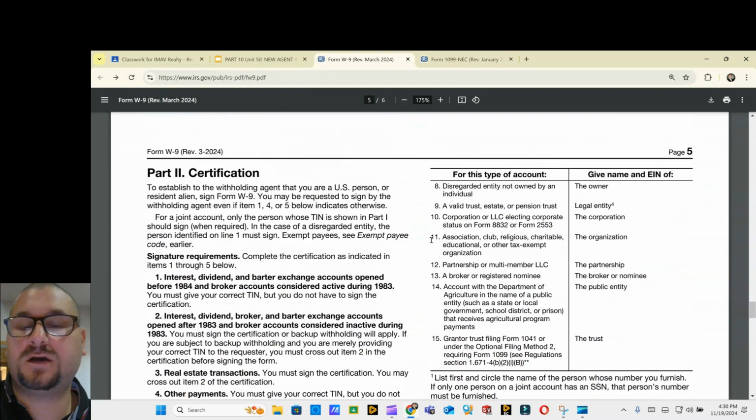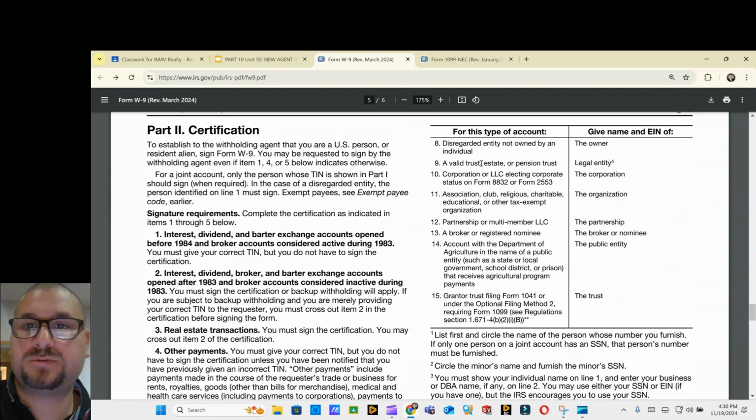For this type of account, disregarded entity not owned by an individual, give the name and EIN of the owner. For this type of account, a valid trust, estate, or pension trust, give the legal entity. Grantor, give the name of the trust.